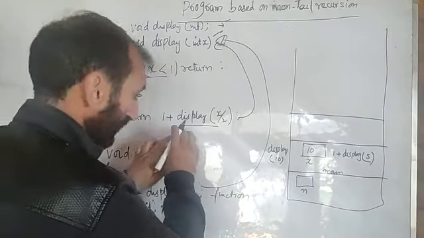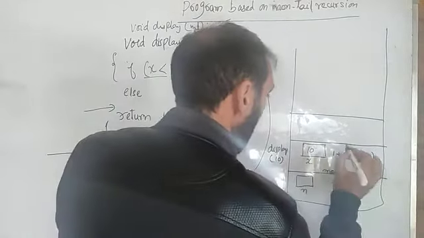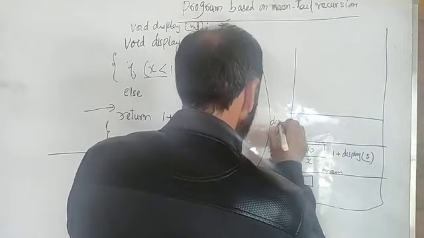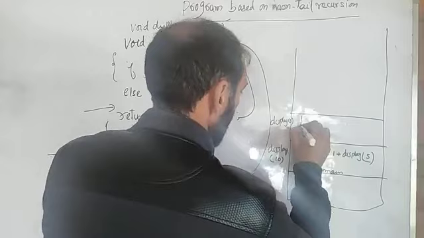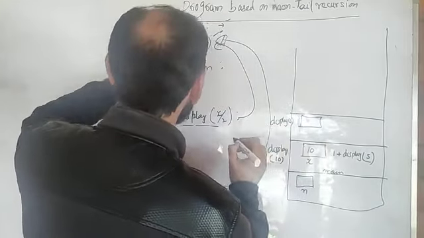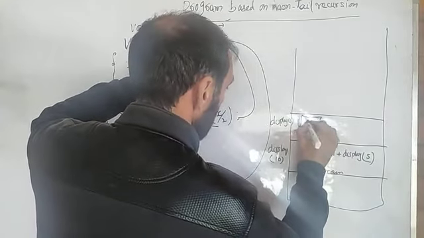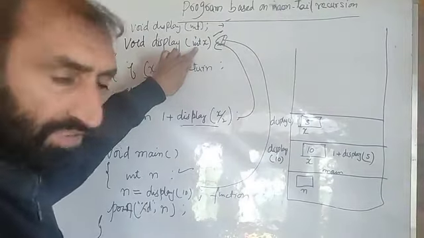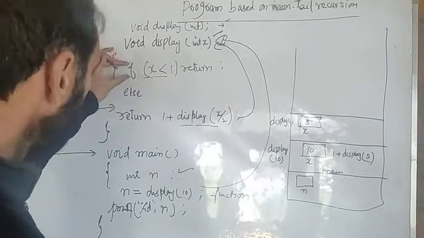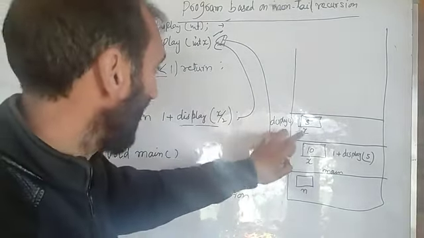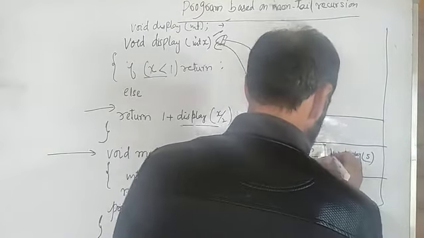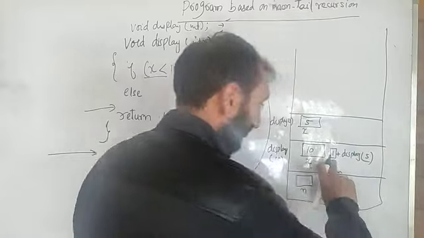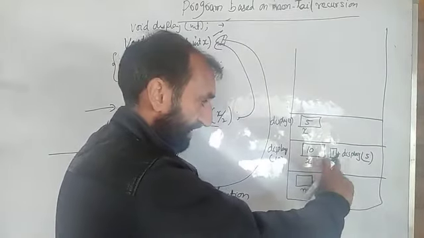So here it will call display 5, passing 5 as an argument. Now this x will contain 5. Then the condition: if x less than 1, no, x is not less than 1. This is the statement which has not yet been executed: 1 has not been added.